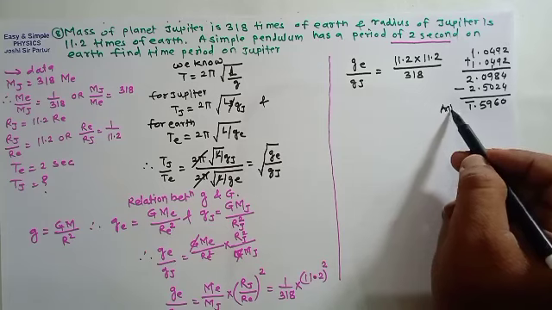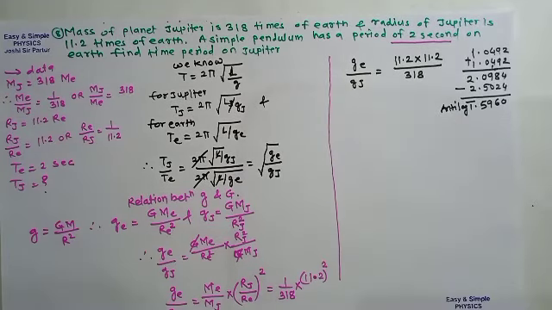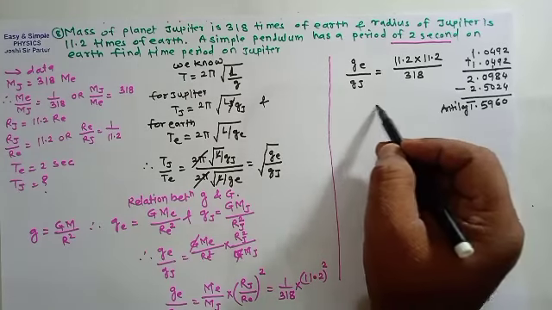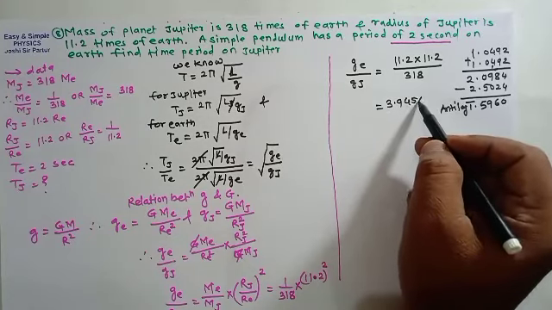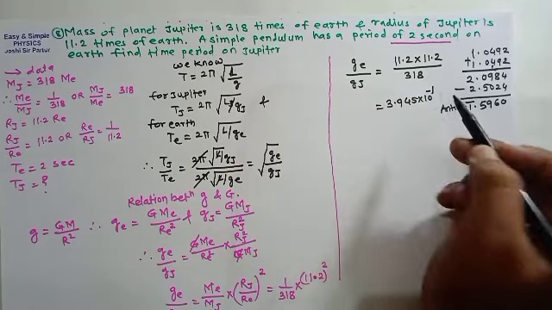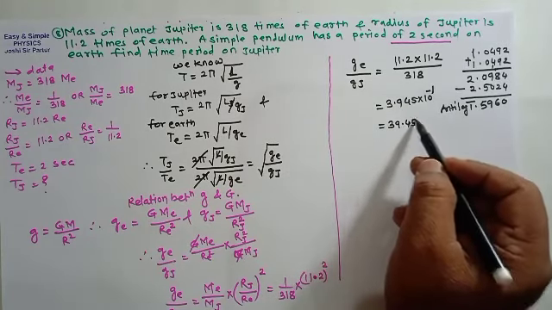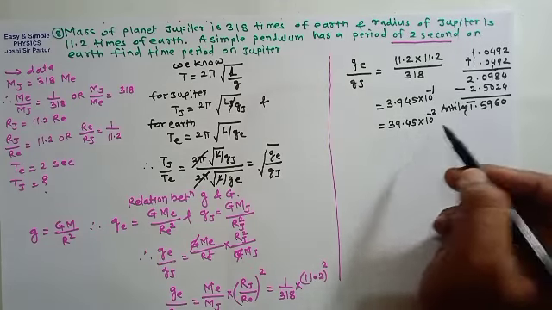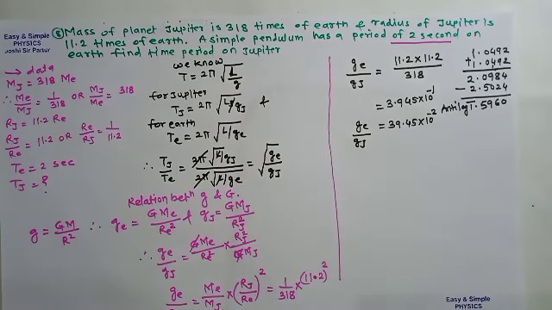Take its antilog. Antilog of 0.59, in 6. The antilog will be 3.945 into 10 raised to minus 1, which means 39.45 into 10 raised to minus 2 will be g of Earth upon g of Jupiter.